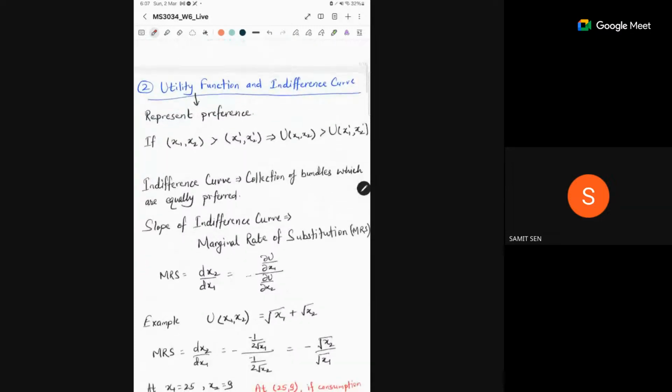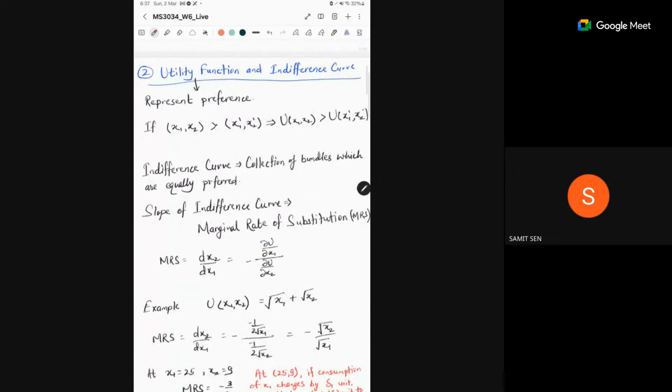And what is a utility function? This is a representation of preferences, and we are just giving a functional form for the preferences. For example, if Samit prefers this x1 x2 bundle over this x1 prime x2 prime bundle, then a utility function should be such that if we apply that function to the first bundle, that should be greater than if we apply that function to the second bundle.